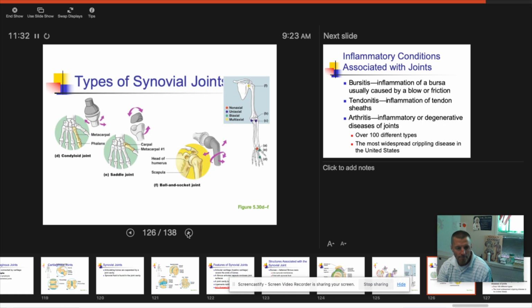A condyloid joint. This is showing the joint between your fingers and your metacarpals. It shows that you can move it in a number of directions there, and you see that in this diagram.